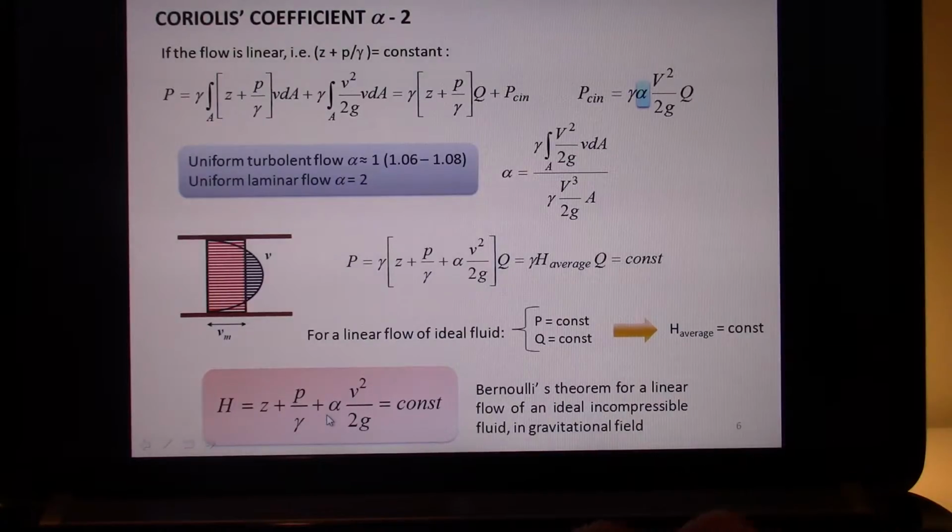So for example, if your flow is turbulent, then this total head is exactly the same as the one that you can observe along each trajectory. If it's not, like a laminar flow, then this can change.